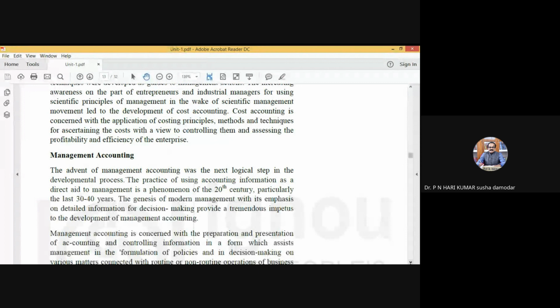So that is why management accounting is the fourth phase of accounting, which takes quantified information from the financial accounting system and the cost accounting system, and supplies it to the manager of an organization for taking rational decisions. So the scope of management accounting is very simple: it takes quantified information from financial accounting and cost accounting and supplies such information to the manager for taking rational decisions.